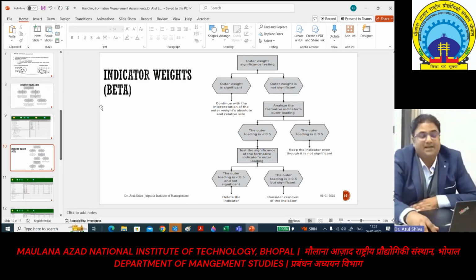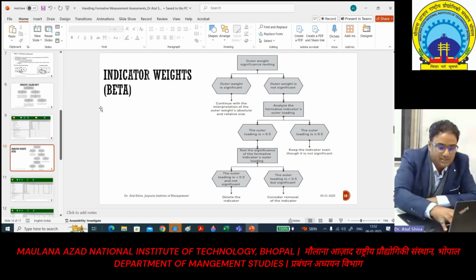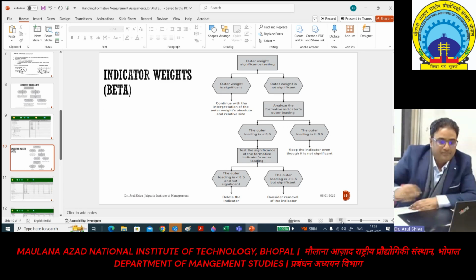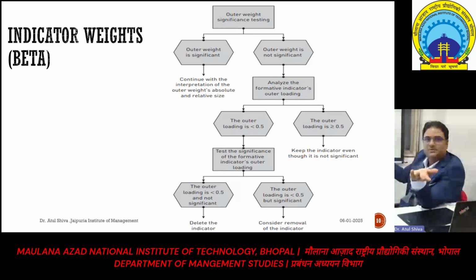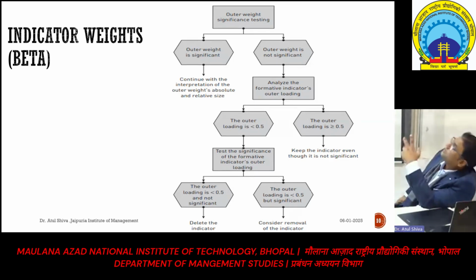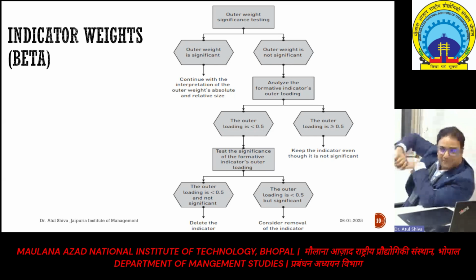Weight must be significant. Look at the flow chart. Let me zoom it for all. The flow chart says that outer weight must be significant. If they are significant, your job is done. But if they are not significant, check outer loading. If outer loading is more than 0.50, then you can retain the formative item.